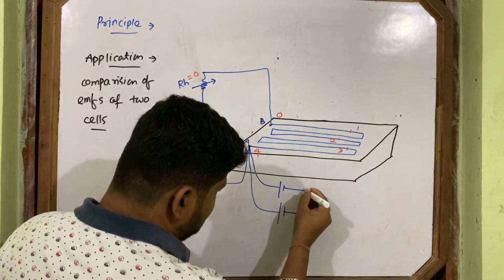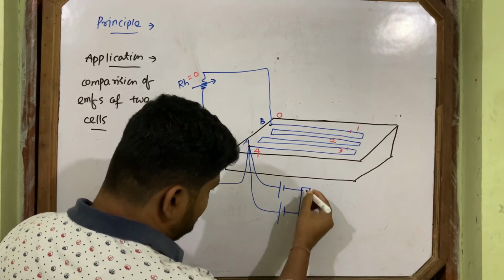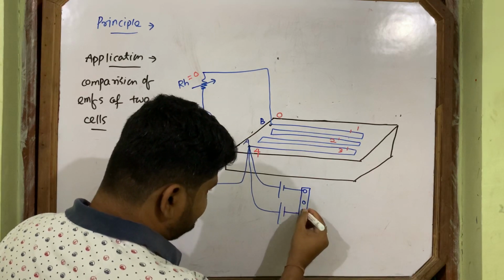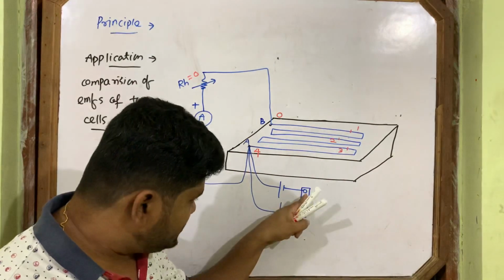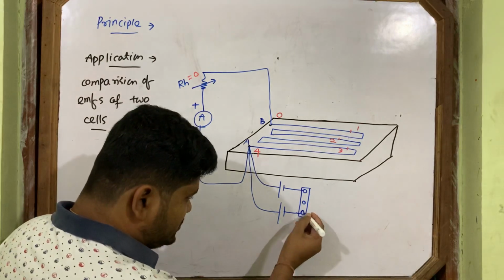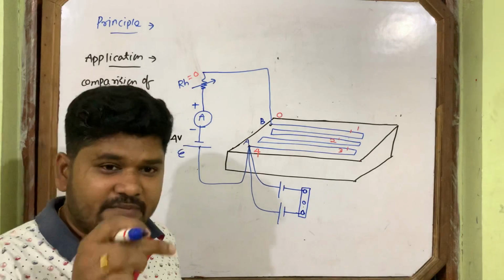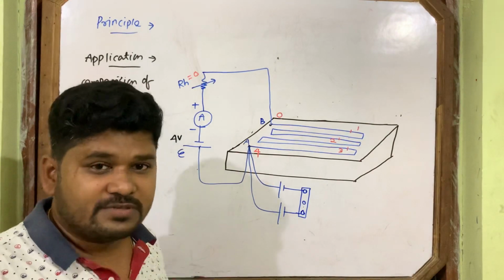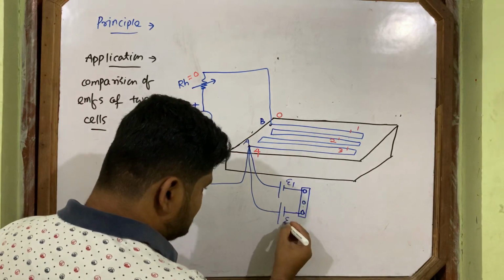Then here you connect them with a two-way key. This is called a two-way key. These are the knobs. With this knob it is connected, with this knob it is connected, and these are the knots, connected, and between them are the gaps. Gaps we can fill with other knobs. This terminal is called E1, this is called E2.